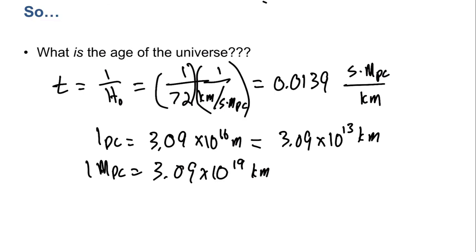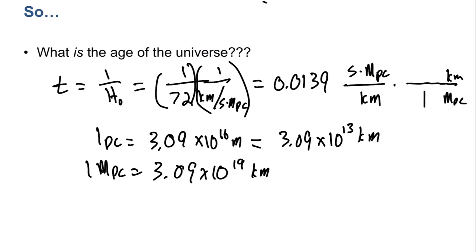So now over here, we want to use this to get rid of the megaparsecs and kilometers. Well, I can do that. Again, this is my normal unit conversion business. If I multiply by something on top which is the same as the thing on the bottom, I'm not changing the value of this number, but I can use that to get rid of units. And if I put kilometers on top and megaparsecs on the bottom, my units will cancel out.